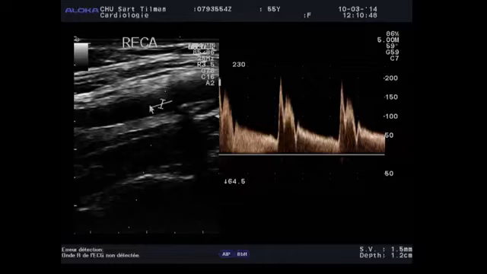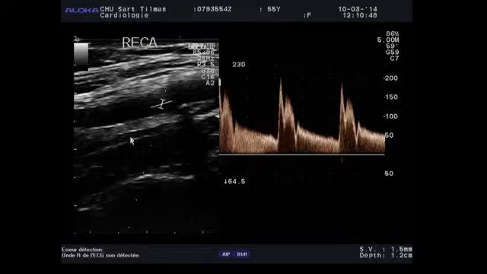Also, the way to distinguish internal carotid artery from external carotid artery is the morphology. For internal carotid artery, you have the bulb. It's larger, wider. And for external carotid artery, it's more tubular.